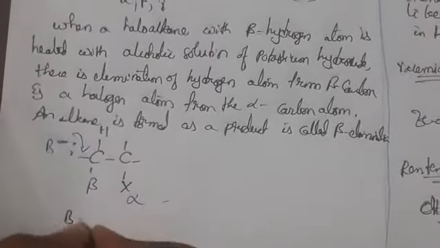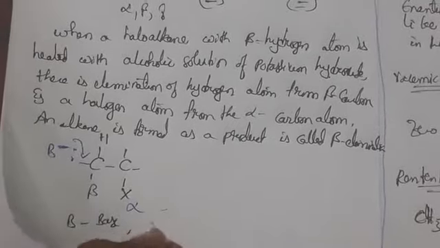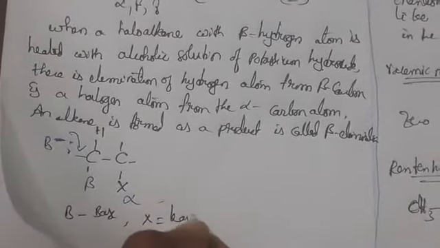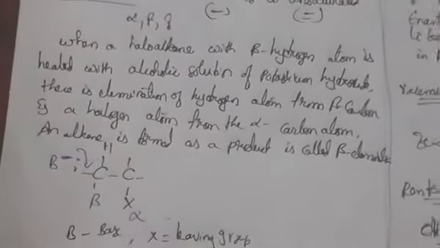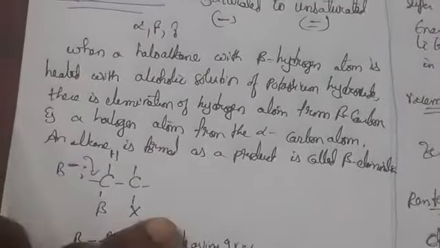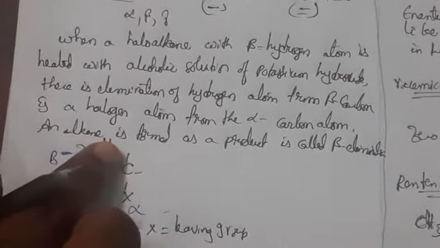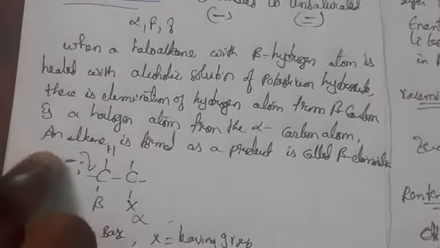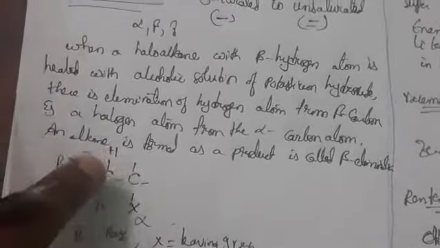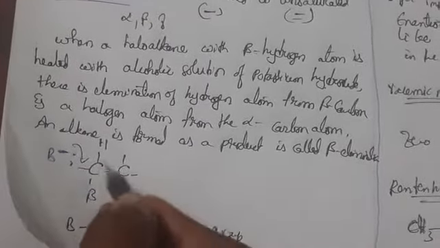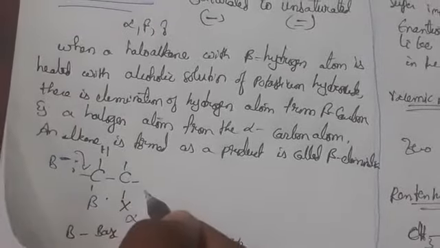B is the base and X is the leaving group, the halogen. This haloalkane with a beta hydrogen is heated with alcoholic KOH, that is the base. We eliminate the hydrogen atom from the beta carbon and the halogen from the alpha carbon.